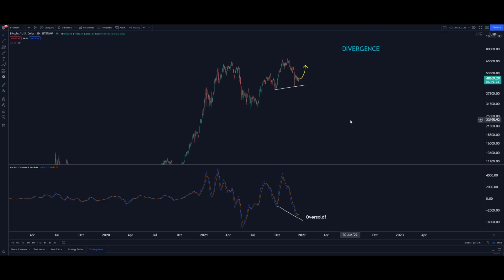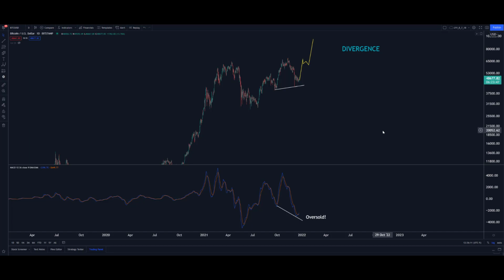And often, these types resolve in a manner that provides a violent upside to the price, because it's been so contained, so oversold, very similar to stretching a rubber band to its limitations.